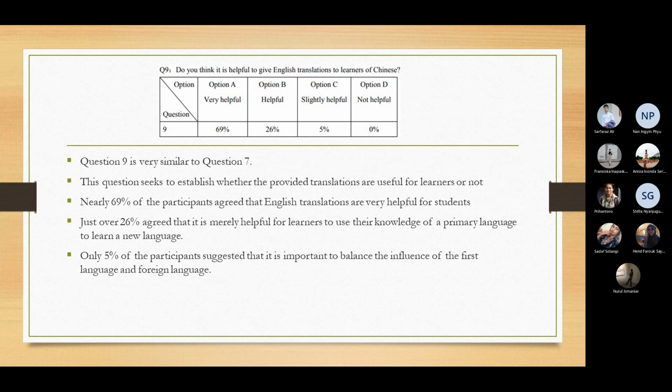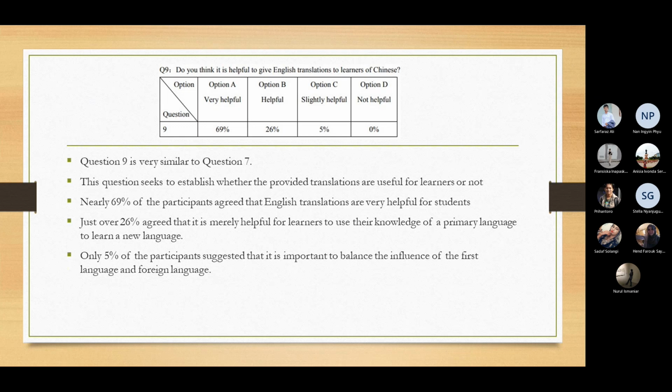So moving to question number 9, which was also related to English translation. It was asked: do you think it is helpful to give the English translation to the learners of Chinese? You can see that the percentage is given, and question 9 is very similar to question 7.